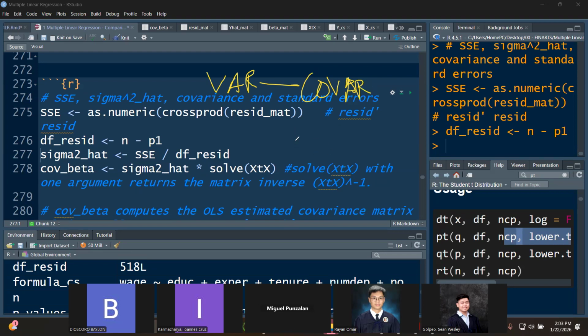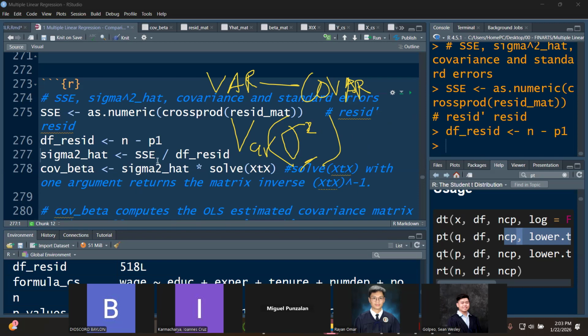So it's the same as your sigma squared, the variance of your parameters. Your parameters, class, is your beta, no? Sorry, beta, class. I'm sorry.